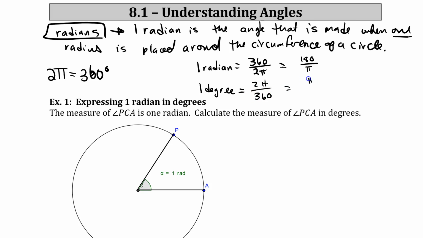So that means pi over 180. So that means if you are given radians and you want to convert into degrees, so radians to degrees, multiply the radians by 180 over pi. And if you're given degrees and you want radians, multiply everything by pi over 180.